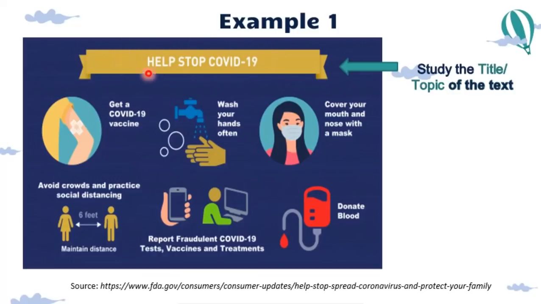So the main idea is about how to help stop COVID-19. So the details that you see in the infographic, such as get a COVID-19 vaccination, wash your hands, practice social distancing. So these details, if we summarize it, then we will get this topic, which is to help stop COVID-19.